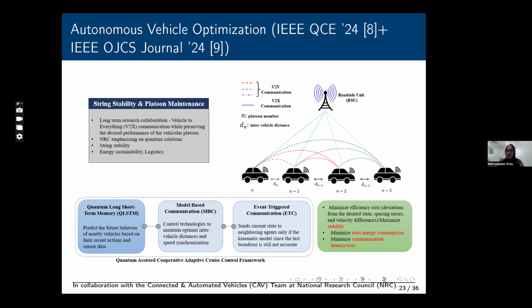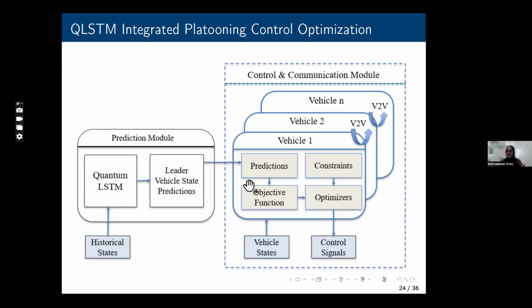Okay, so the overall objective is to minimize the efficiency cost and maximize the stability, minimize total energy consumption, and minimize communication latency and cost as well. In this research project, we have two modules. The first one is the prediction module, which has a quantum LSTM model that analyzes the historical states and makes predictions for the leader vehicle.